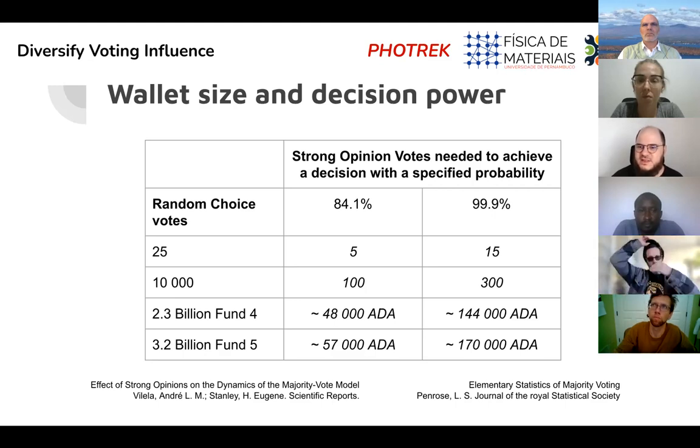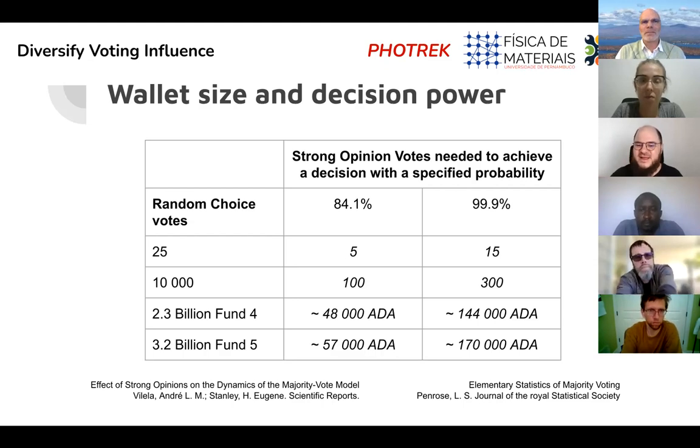So this is the amount of ADA that you need to dominate a very stressful election where you don't know if the yes is going to win or the no is going to win. In this situation where people are in doubt, you have this amount of ADA to dominate the election. So it's a small number, right? This is an illustration of this issue.